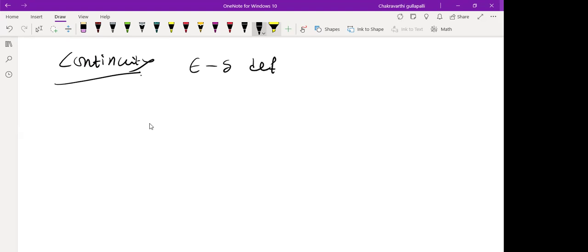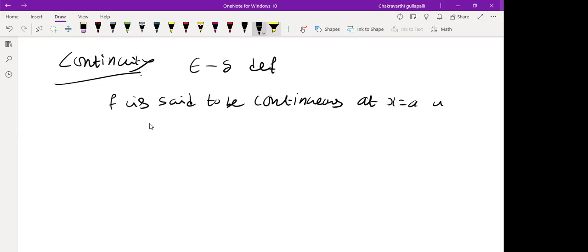According to the epsilon-delta definition, f is said to be continuous at x equal to a if and only if the limit as x approaches a of f(x) is equal to f(a).